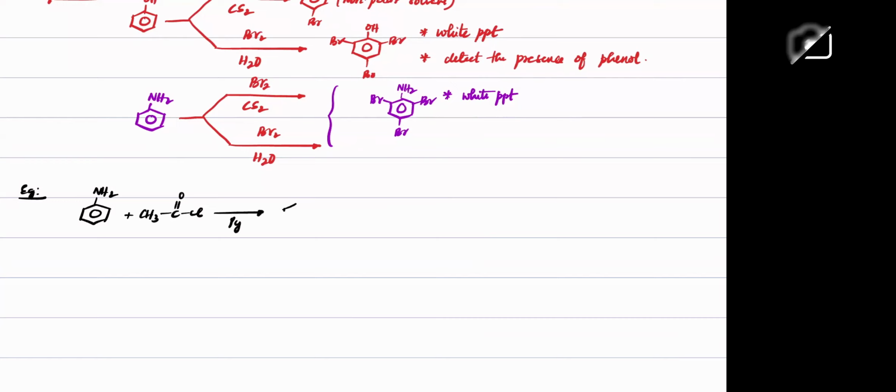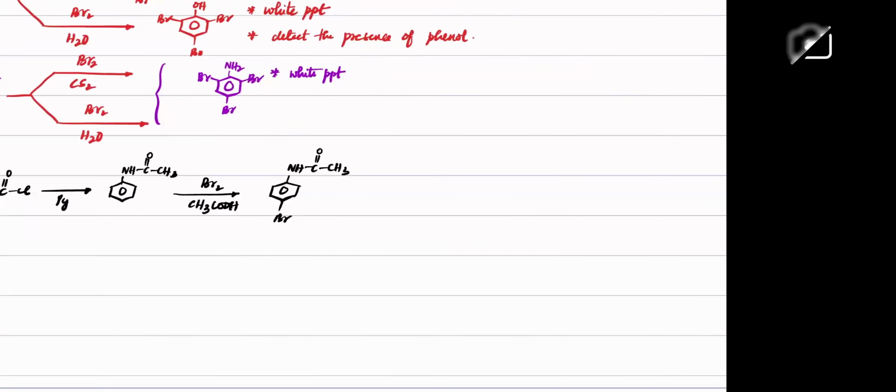Then in the presence of the acetyl group, you will get this as NHC double bond OCH3. And now when you do bromination in the presence of maybe an acid like this, then you will see only one Br will come because it is a moderately activating group. And it is bulky enough, so only para will come as major, although ortho will hardly be observed.